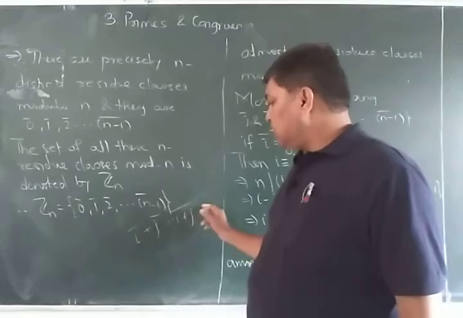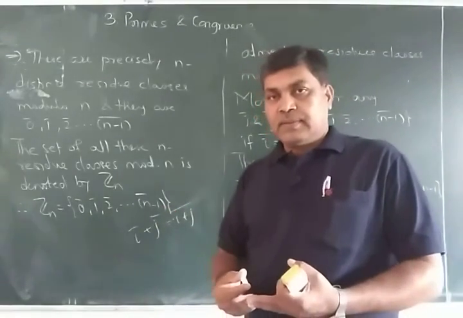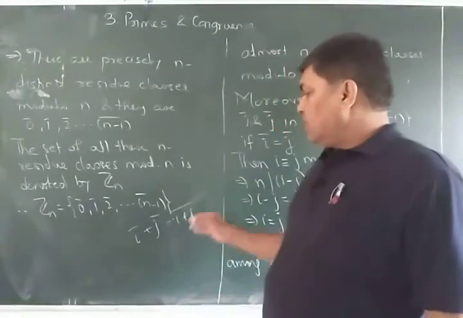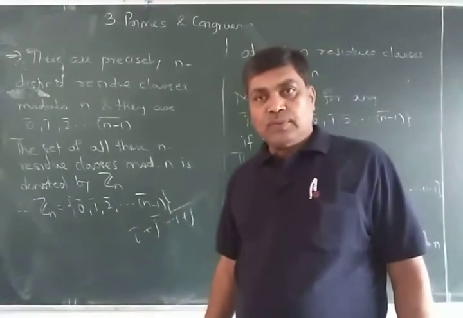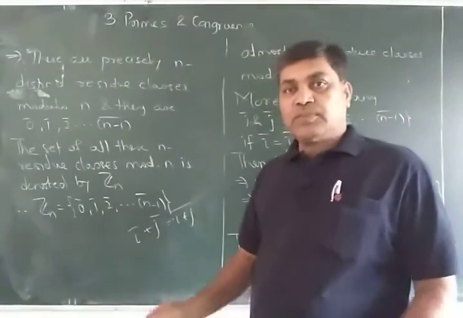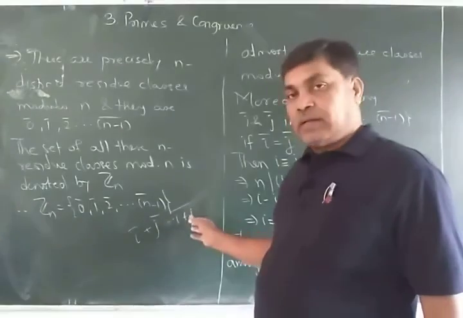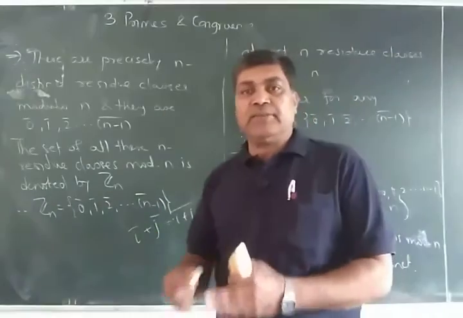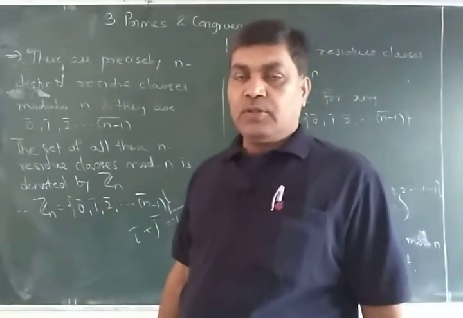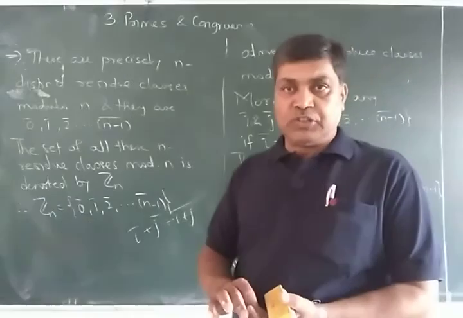If I divide i plus j by n, it leaves some remainder, and then i plus j lies in the equivalence class of that r bar also. So its smallest positive representative is r bar, where r is the remainder when i plus j is divided by n. So this is the way of defining the addition modulo n operation.